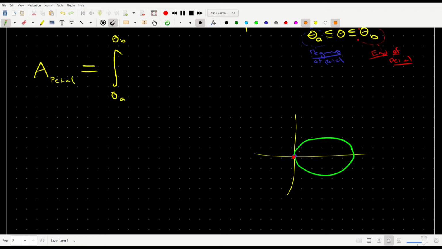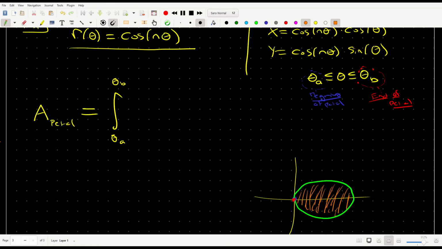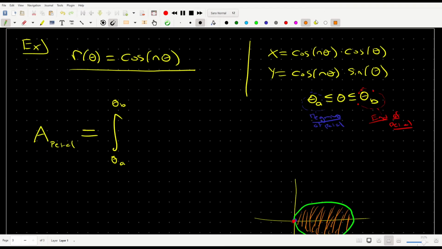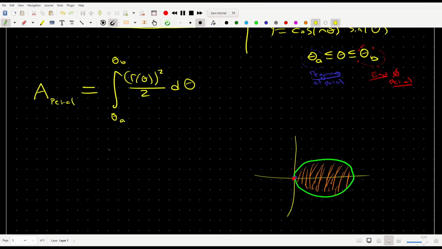So the key to doing this problem right is to figure out exactly what the upper and lower bounds are for a given petal. And we know from the formula we just showed that the area is the integral of r of theta squared over 2 d theta, assuming we can choose theta A and theta B correctly for the petal.